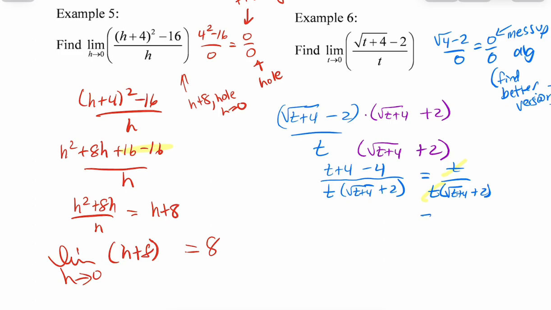And so our new, better function we get to look at is 1 over the quantity of the square root of t plus 4 plus 2. Now watch. If I try direct substitution of that new and better version, it works just fine. I get the square root of 4, which is 2, plus 2. I get 1/4.